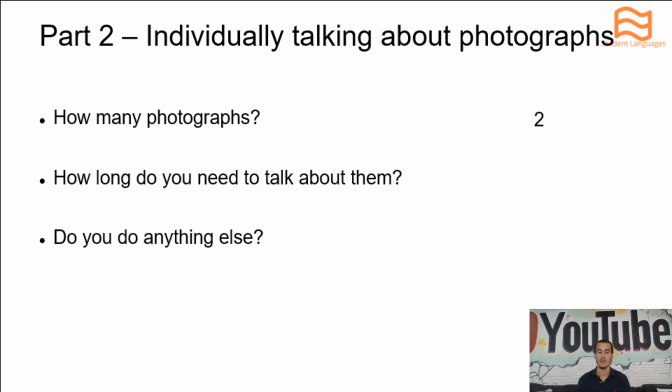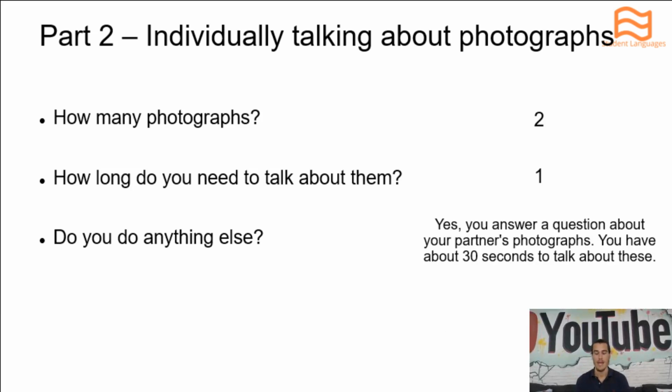And how long do you need to talk about them for? 1 minute. You have 1 minute to talk about 2 different photographs. And do you do anything else? Yes. Because the speaking paper involves you and one other candidate, you need to listen to what your other candidate says about their photographs, and then you have to respond to a question related to the photographs the other candidate has spoken about.